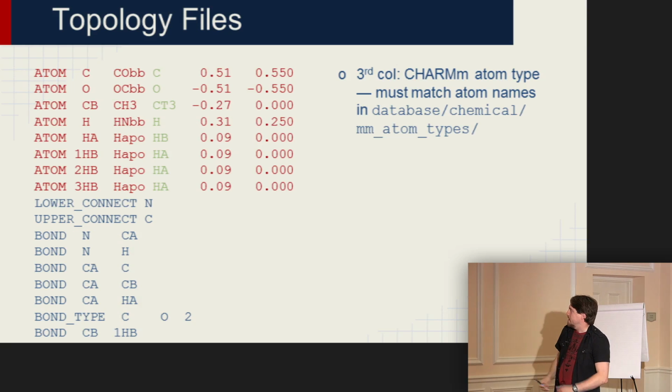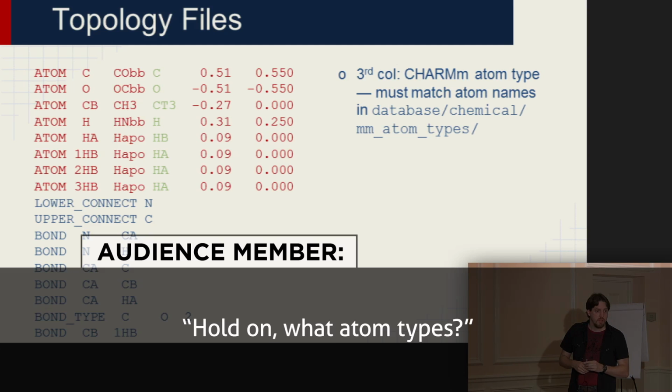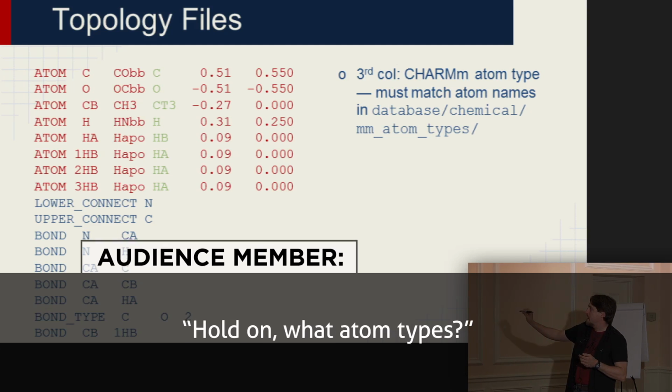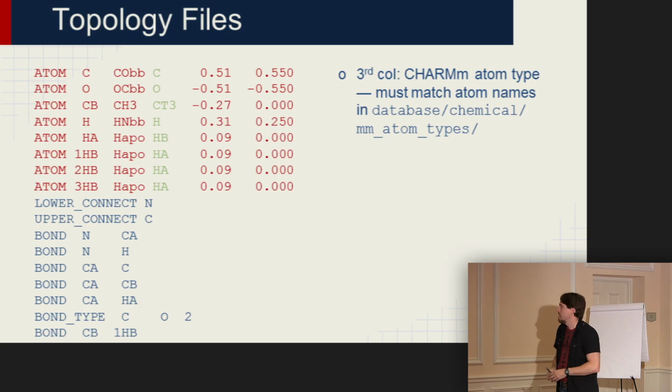The next column are the CHARMM atom types. This is used for any kind of molecular modeling, simulations that you might do. They're also stored here in the MM atom types, molecular mechanics atom types, but they come straight out of CHARMM. So if you want to know what kind of atom to put here, just load up what the types are for CHARMM. That's what goes in that column.